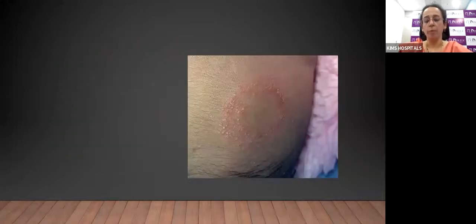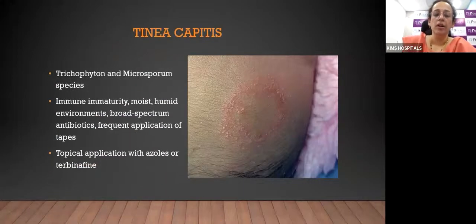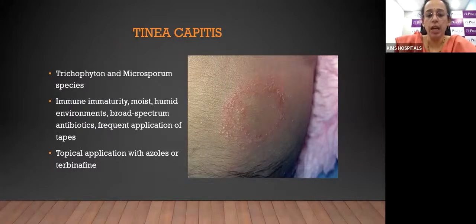Next, moving on, this we commonly see in our OPD practice and our day-to-day practice. So this is the tinea infection. We can see a circumscribed erythematous lesion. This usually occurs due to the lack of innate immunity in areas where it is moist and humid.